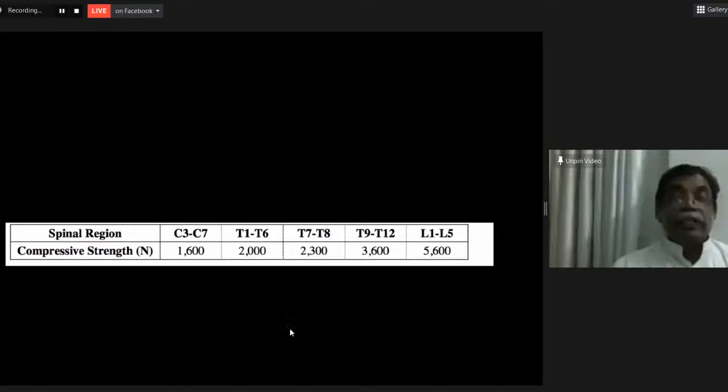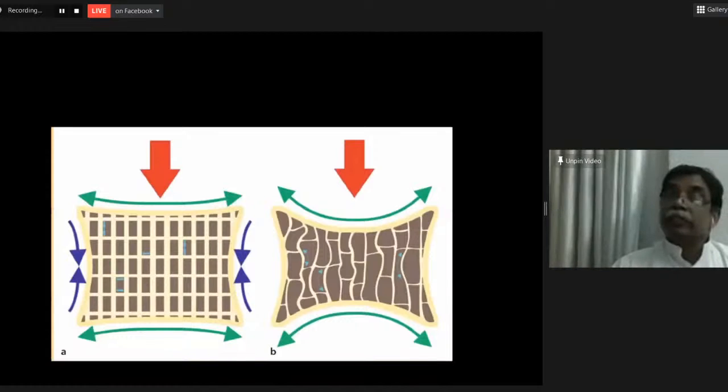This weight, as I said, is not only of the weight of the body, but because of the reactive forces generated when the person is moving, when the person is jumping, running, or lifting of the weight. So it requires a tremendous amount of structural integrity for not to collapse when it is subjected to these pressure.